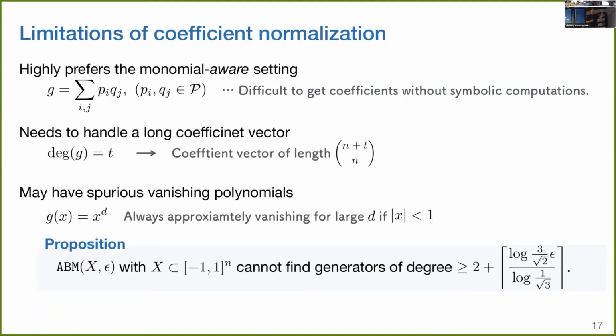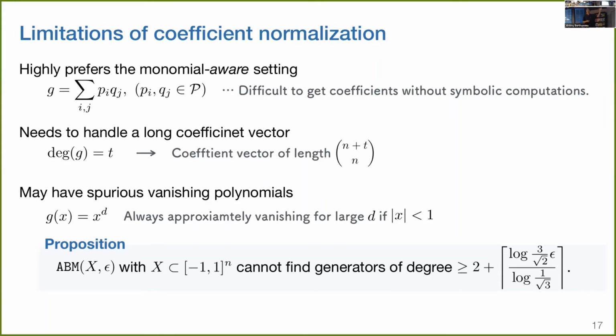So in general, in the monomial agnostic setting, we cannot calculate the norm of the coefficient vectors. We cannot get the coefficient vector. And even if we can get access to coefficients, the number of coefficients grows very quickly, because the number of monomials grows very quickly.